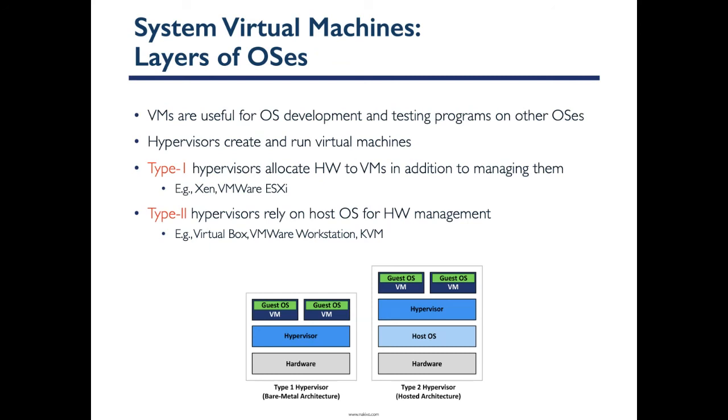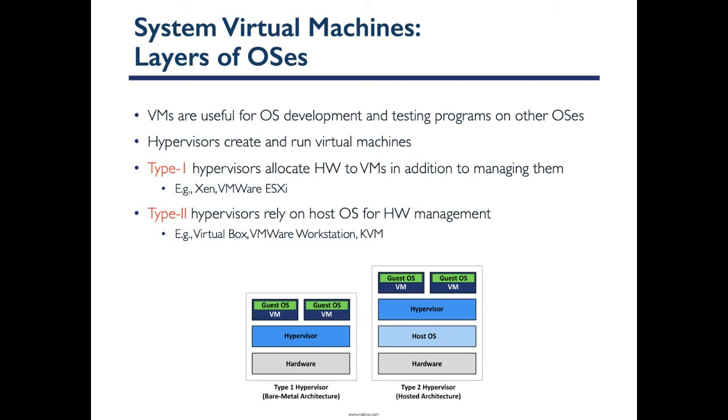Somebody's asking what's the difference between a process virtual machine and a system virtual machine. The main difference is what they provide abstraction to. In a process virtual machine, you're providing abstraction to one process. In a system virtual machine, you're providing abstraction to an operating system.